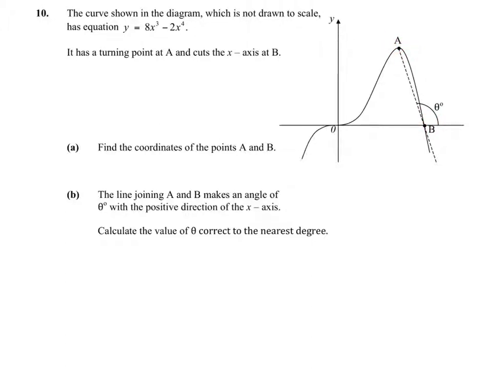So first thing we need to determine is the significance of A and B. A is a turning point, as we have already mentioned, or a stationary point, which makes that significant because the gradient equals 0 at this point. Point B, however, is one of the roots. That's where it cuts the x-axis, and the significance of point B is that we already know the y value is 0. So we'll write that down as a summary of what we already know.